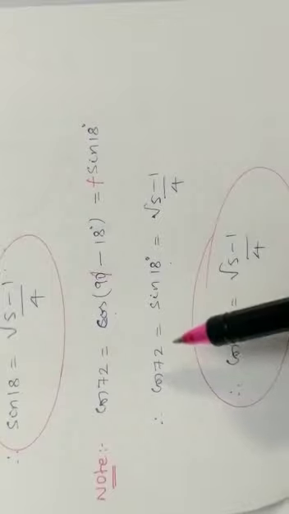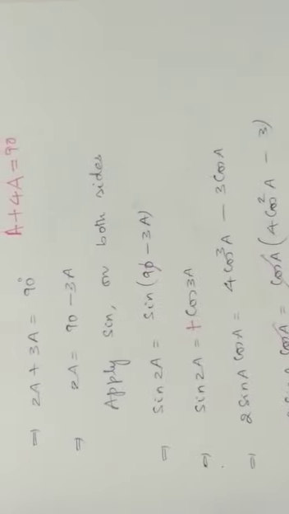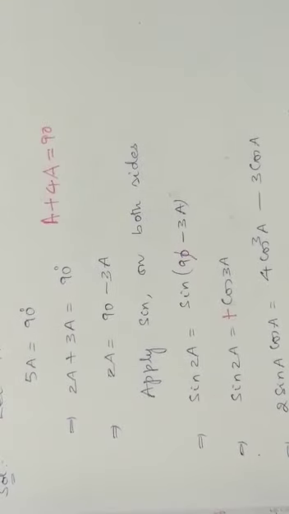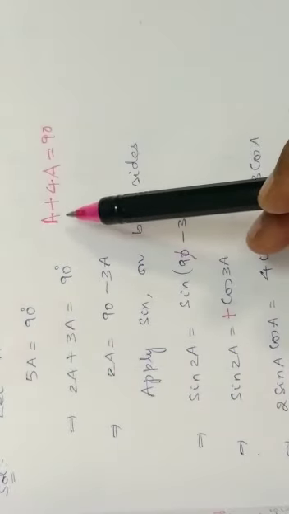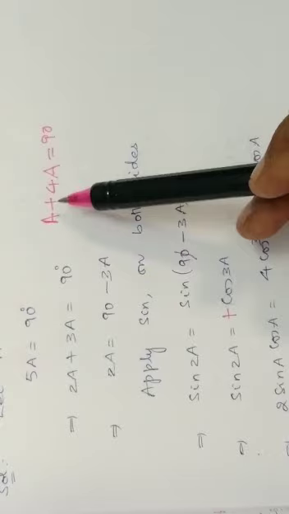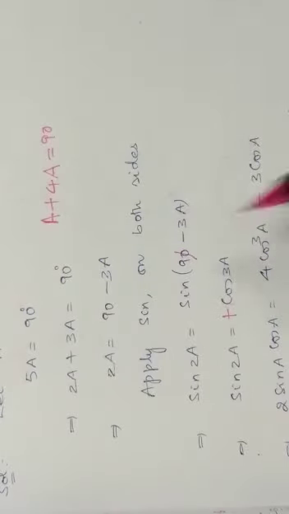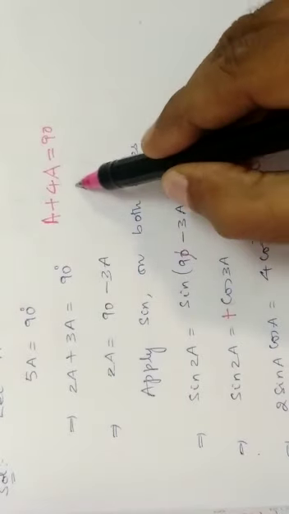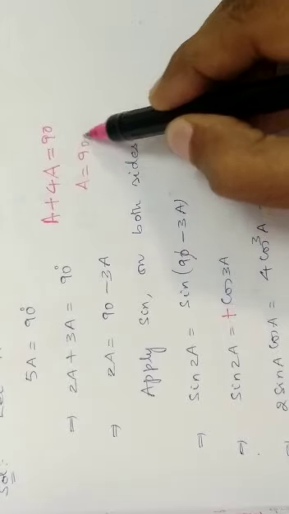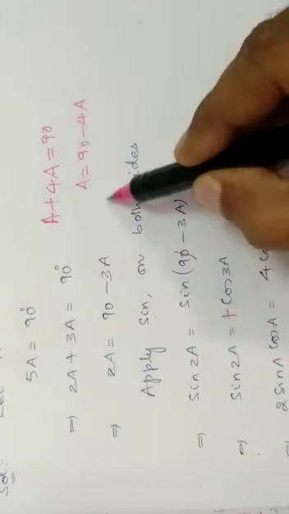In the beginning of this problem, I said that instead of writing 2a plus 3a, why can't we split it as 4a plus a or a plus 4a? See, if you write a plus 4a, then a equals 90 minus 4a. Apply sin on both sides.